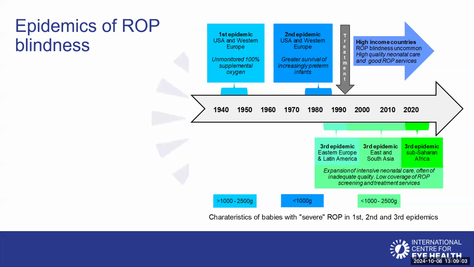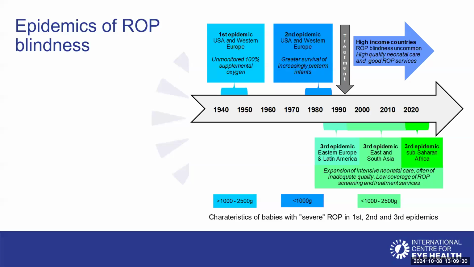In the 1990s was the first treatment trial, and now in high-income countries, ROP blindness is uncommon. It can occur, but high-quality neonatal care is preventing the serious stages of retinopathy of prematurity, and there are good services for detection and treatment of the babies who do develop severe disease.